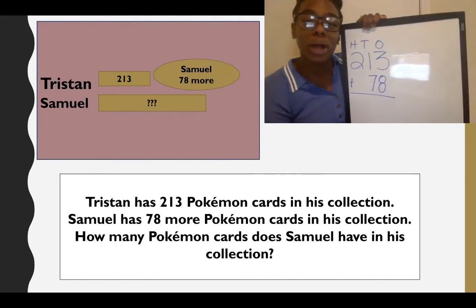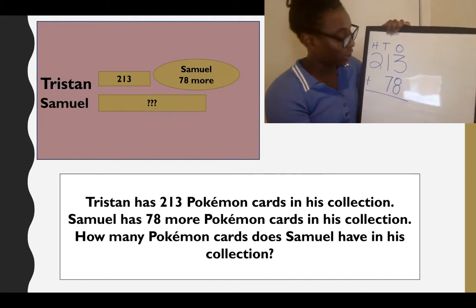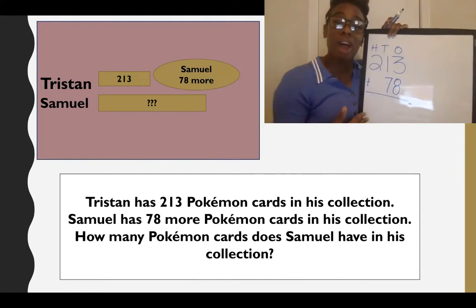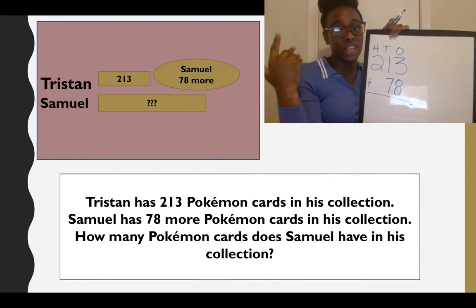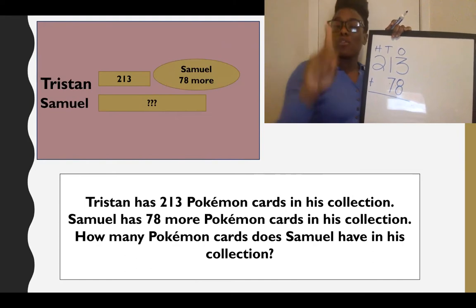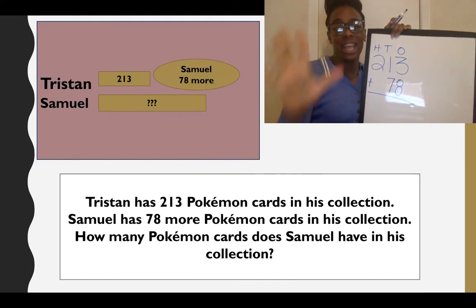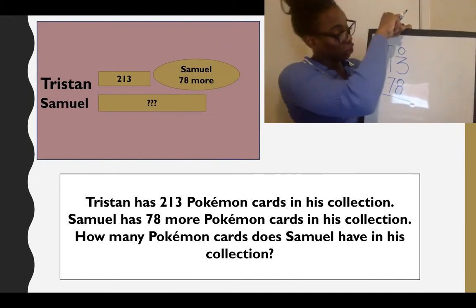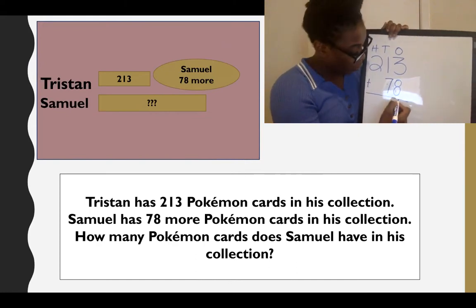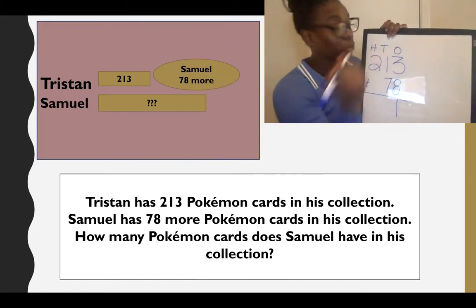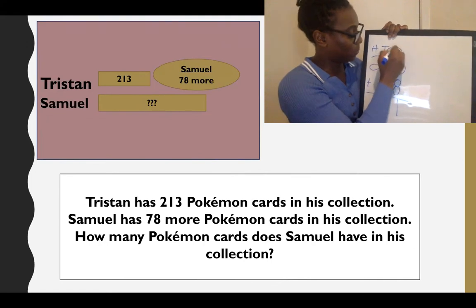So step number 1 is I add my ones. So 3 plus 8, let's put 3 in our head, and let's count using our fingers 8 more. So 3, 4, 5, 6, 7, 8, 9, 10, 11. So 3 plus 8 is 11. 1 goes at the bottom, and I regroup the other one into my tens place.